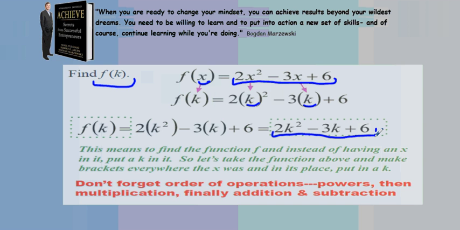The only thing that has changed is the variable from x to k. So when you find the value of the function when x is equal to k, after the substitution, you'll see that this is identical to the original question. That is not to say that they are equal, because k and x are not the same.